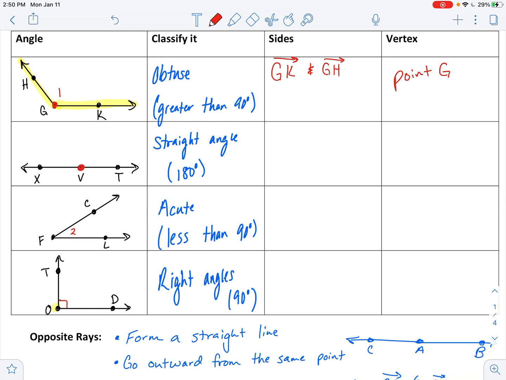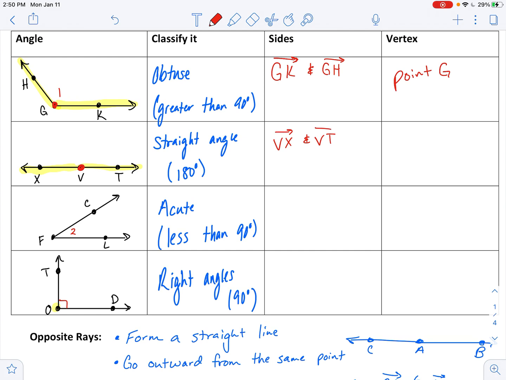You can see we have a straight angle. Second, I put that red dot on the vertex in the middle of the angle. It's the same approach here. It's just that we have opposite rays. VX. So these are opposite rays because they come from the same center point. And VT.